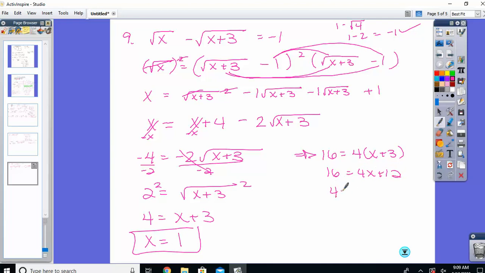So subtract your 12, divide by 4, and you get the same answer. We got lucky.